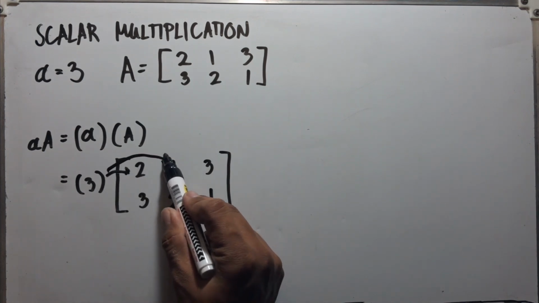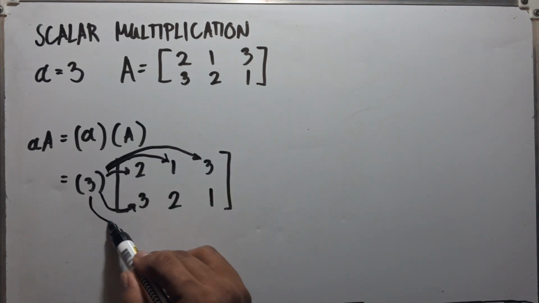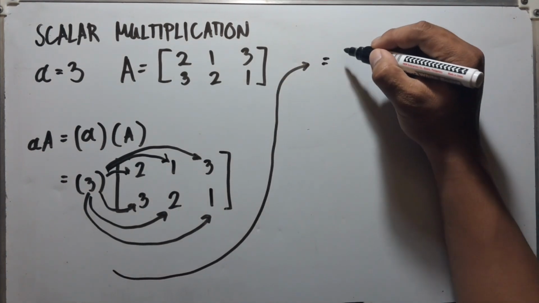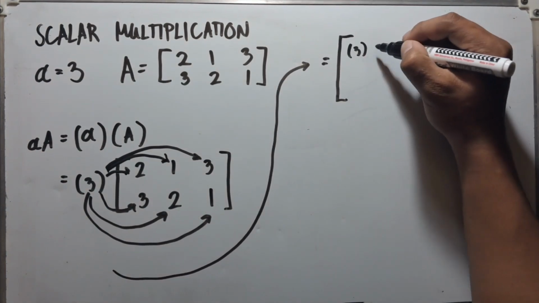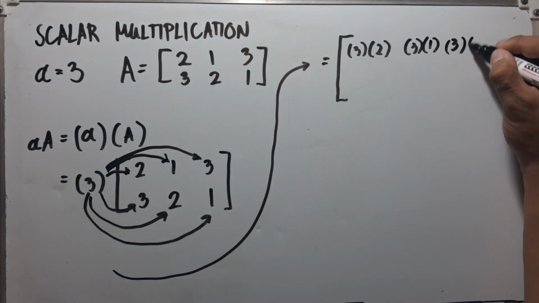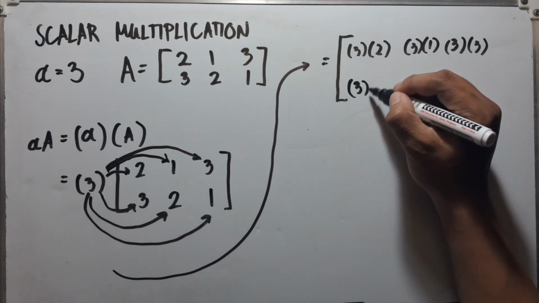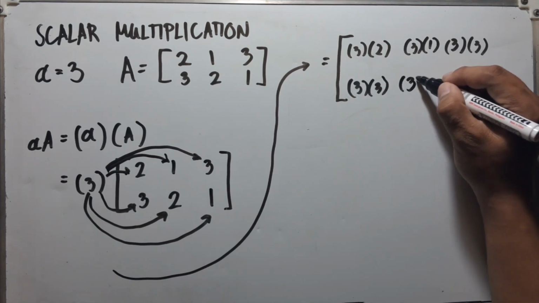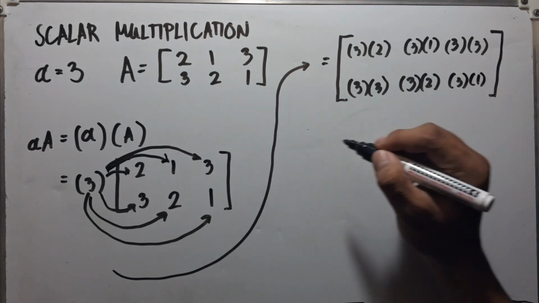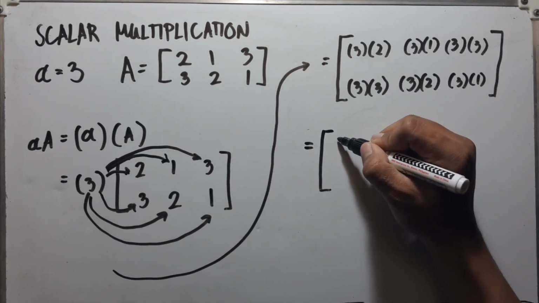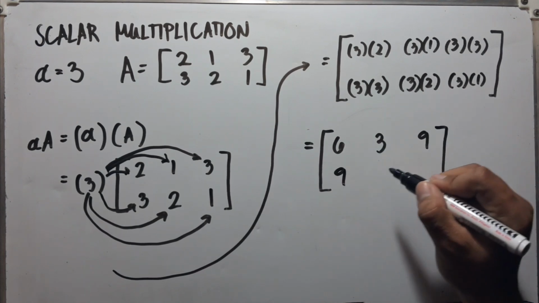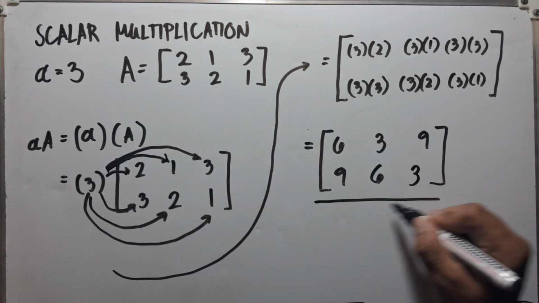To multiply a scalar, you just multiply it to each element of the matrix. For example, 3 multiplied to 2, then 3 multiplied to 1, 3 multiplied to 3, 3 multiplied to 3, 3 multiplied to 2, then lastly 3 multiplied to 1. Just multiply it all and you'll have your answer, which is 6, 3, 9, 9, 6, and 3.